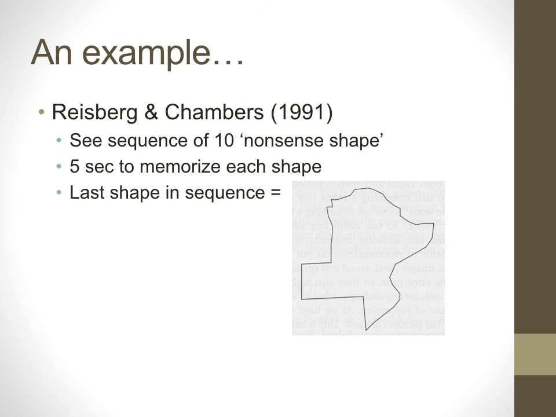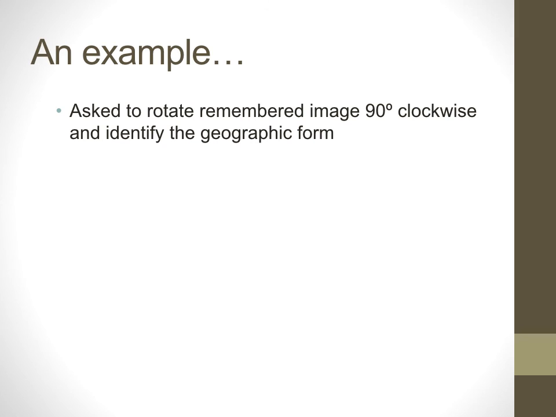In another example, in Reisberg and Chambers, participants saw a sequence of 10 nonsense shapes. They were given 5 seconds to memorize each shape, and the last shape in the sequence looked like that. They were asked to rotate the remembered image 90 degrees clockwise and identify the geographic form.